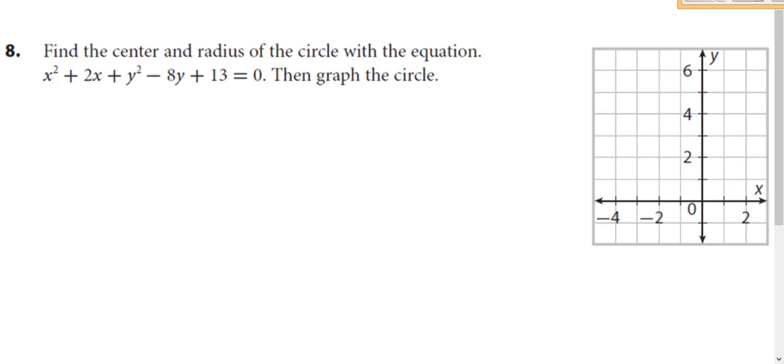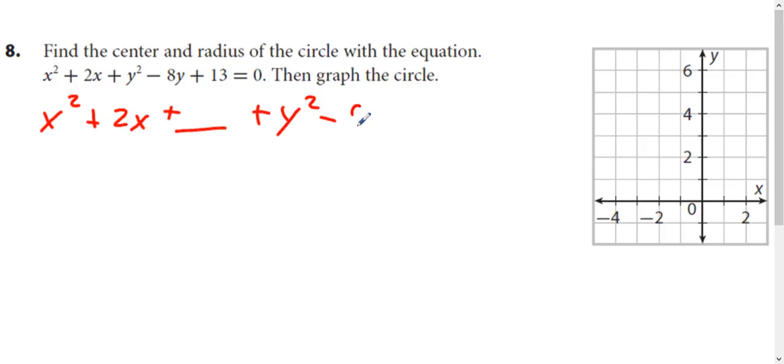Two more. So the first step to graphing is arranging it with your blanks. Move the regular number over, the constant term, the 13 in this case.